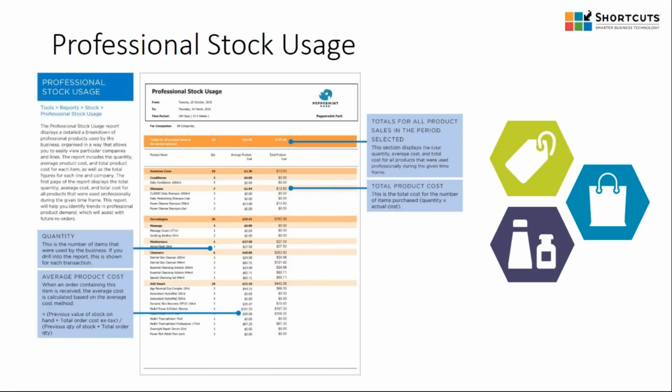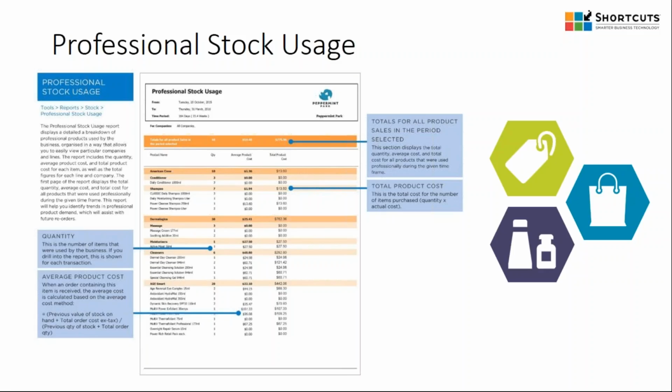The next report is our professional stock usage. And this is anything that goes through at the point of sale under business. So this report displays a detailed breakdown of professional products used by the business, organised in a way that allows you to easily view particular companies and lines.